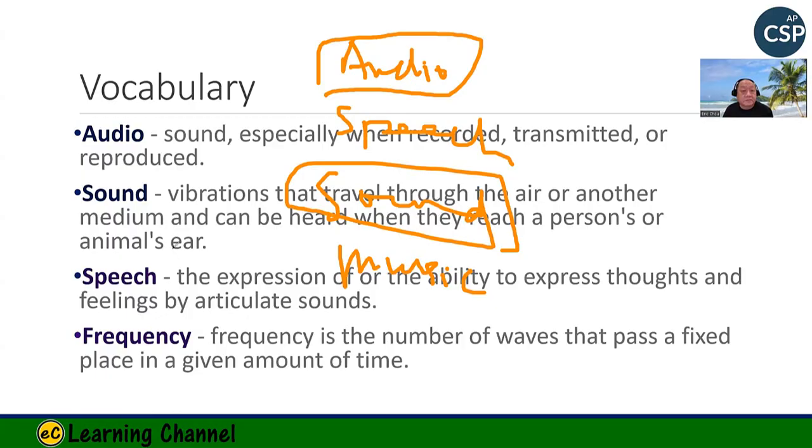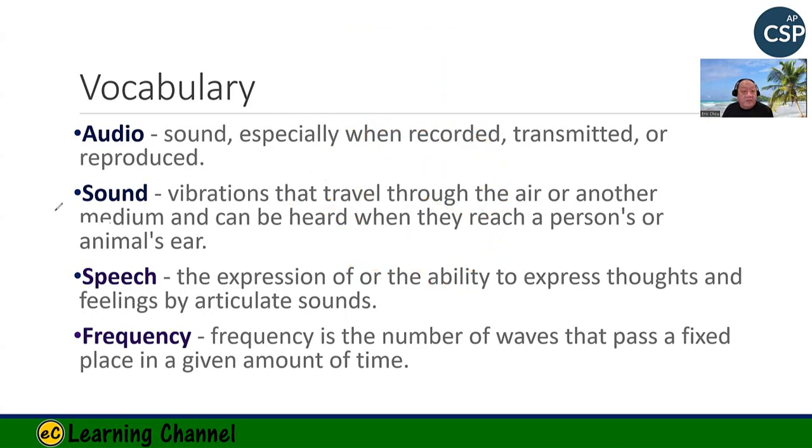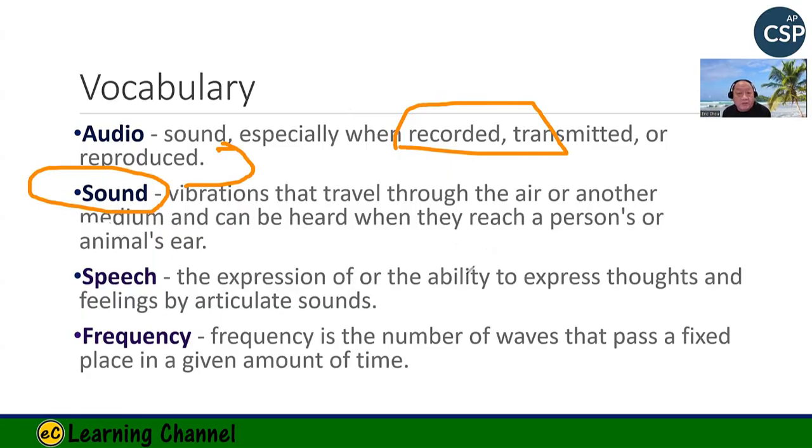Any sound that is recorded, you use a microphone to record it, you use a tape to record it, you use a headset to record it.